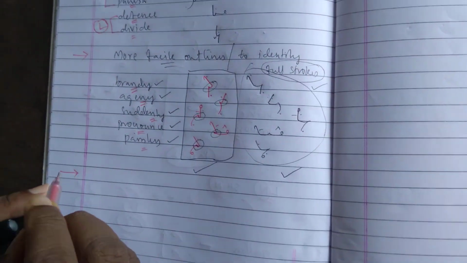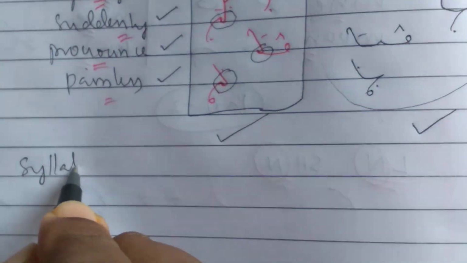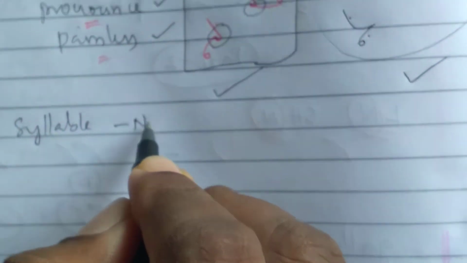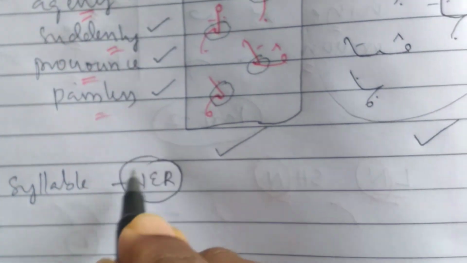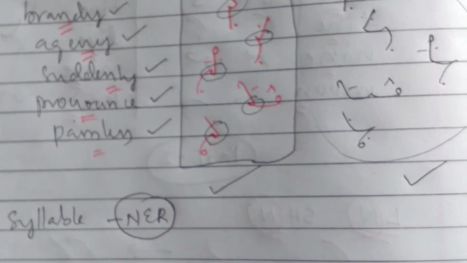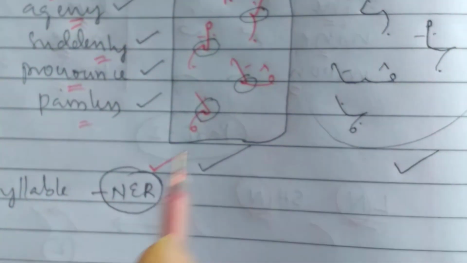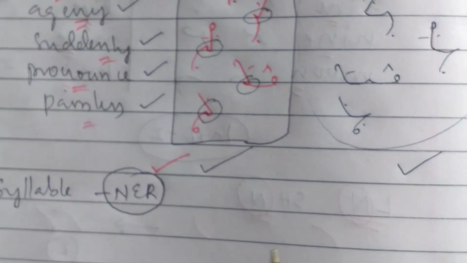Next point, syllable ner. Syllable means, you know very well, the part of a word which is used finally. That is called ner. A few examples I am going to give here.